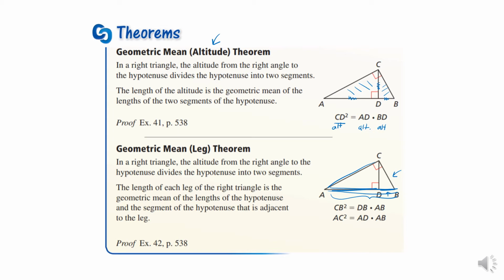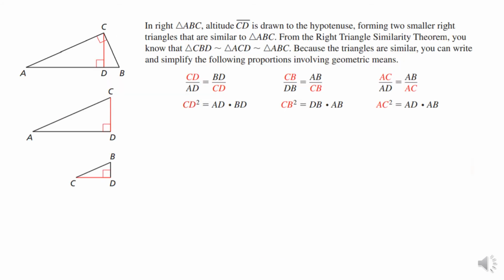So I'm going to show you the method that I learned, which is also written up. Read this carefully, and then you'll understand what we're going to be doing. The reason I like this method better is because it's looking at the relationships of the pieces of the triangles. So what I do when I get a problem is I look at this. CD is to AD. Here is CD, and here is AD. They are part of the same triangle. CD is the short leg, and AD is the long leg.